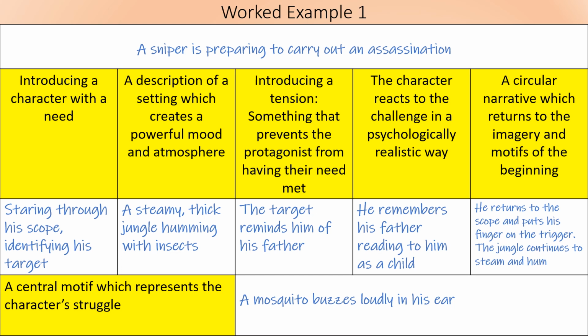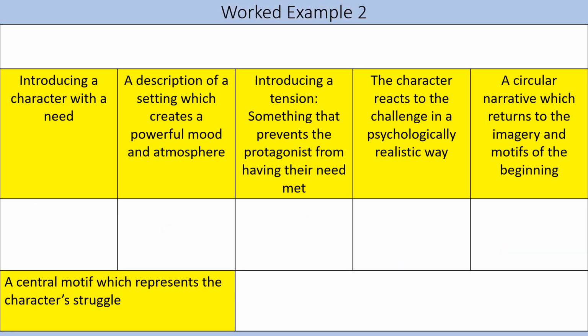Let's have a look at another example. Okay, so let's look at an example of something else that students often like to write about. A girl is being bullied at school. This is a very popular idea with students because it's something that's familiar to them and they know they need to write about a character in crisis, and a kid who's being bullied is a character in crisis.